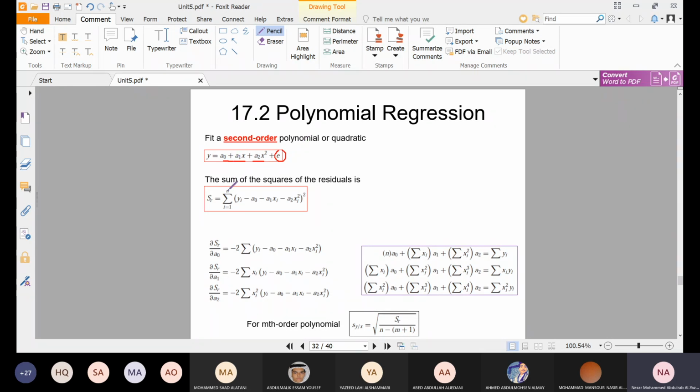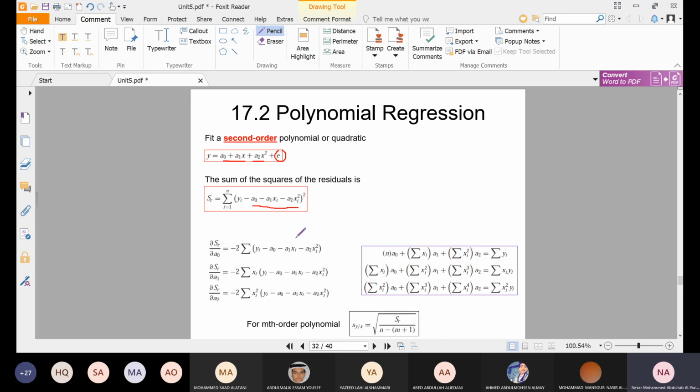So the sum of the errors, S sub R, as we know, is equal to our measurement minus the model. The model that we have is a0 minus a1 xi minus a2 xi squared. Here we have the same x, but we have two variables.